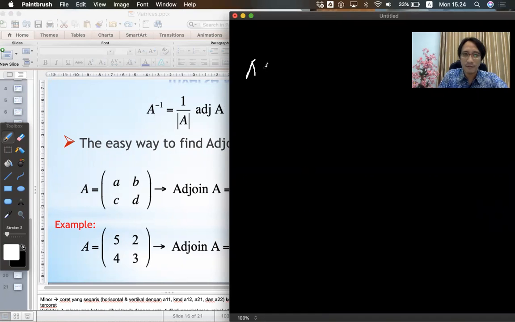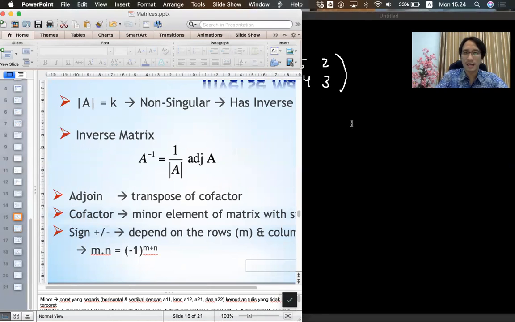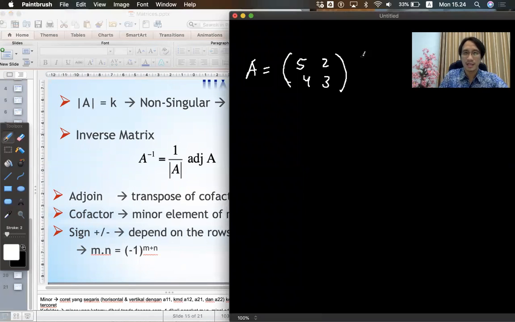So if we have matrix A, 5, 2, 4, 3, and we are asked to find the adjoint of A, the first step is to find the minor elements.